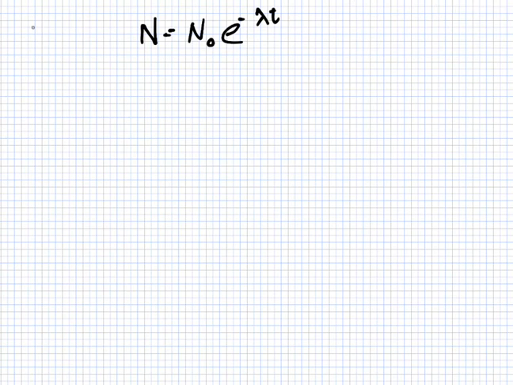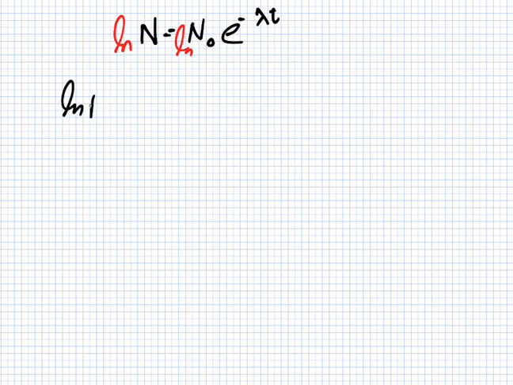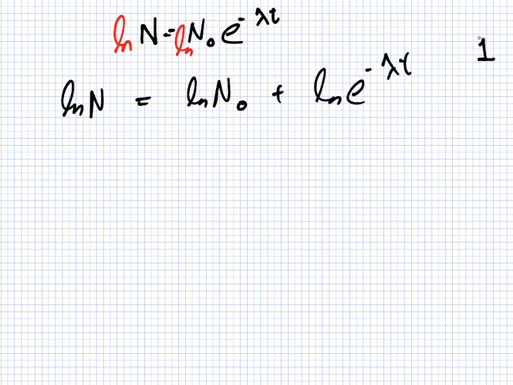Now what I'm going to do is put a log on both sides. So on the left, I get log n, and on the right, I'll get log n0 plus log e minus lambda t. Now, if you remember, I'm using the first rule of logs. log AB is log A plus log B.